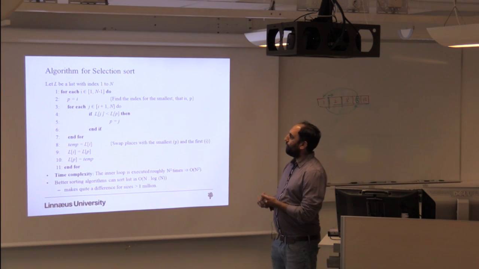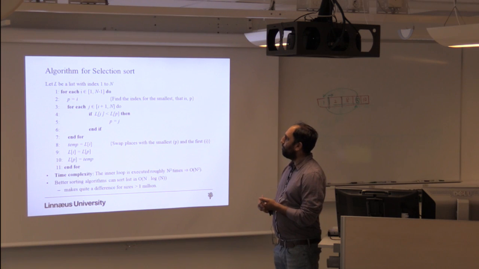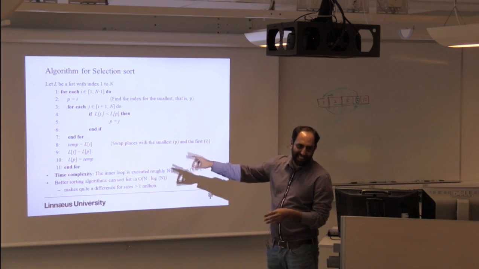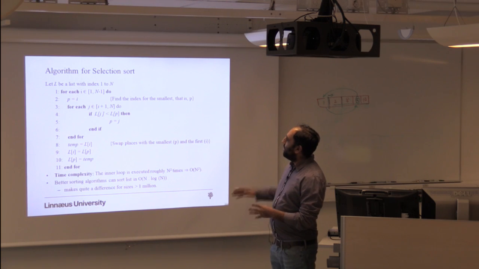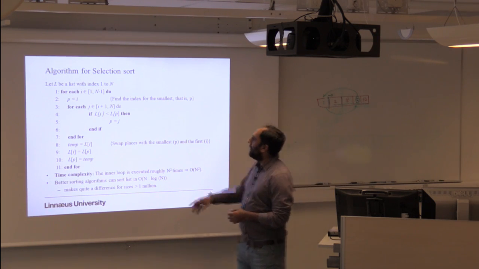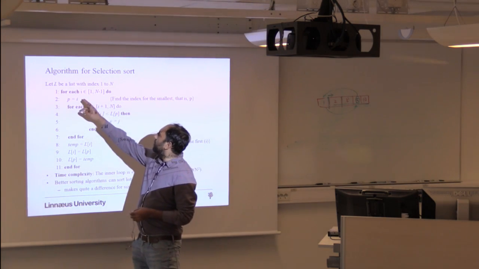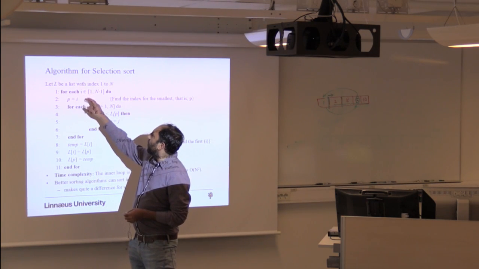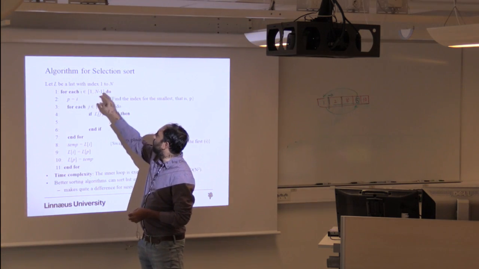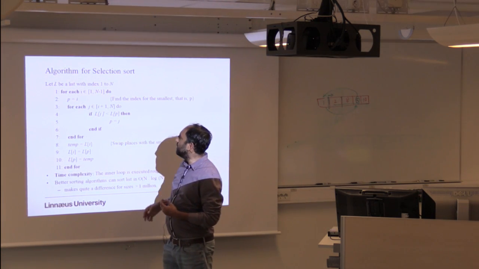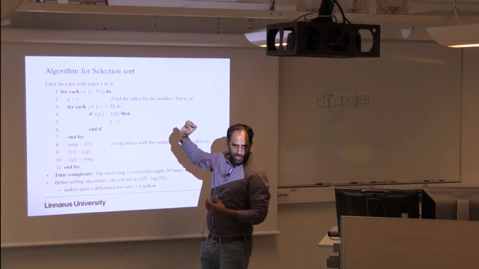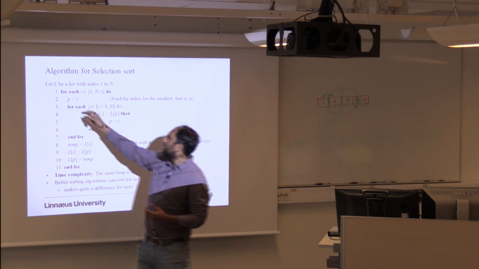So for example, let's say we have a list L starting from index 1, not from 0 in this algorithm, and until the size n. What we need to do is, for each element I that belongs to this list from 1 to n-1, find out the smallest element; we need to find the index.